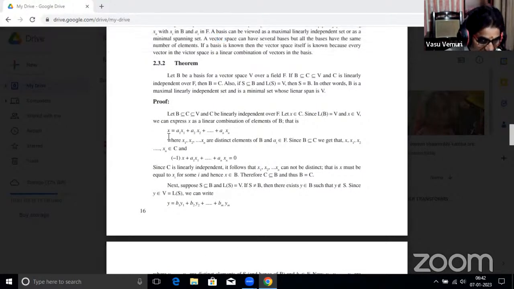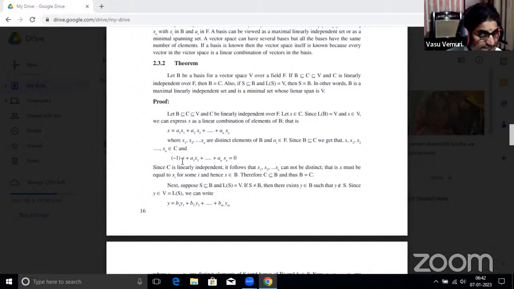Now, given the linear combination, when the vector x is any one of the elements, that element is represented as a linear combination, the summation of a_i x_i. Transferring x to this side, we get minus x plus a1 x1 plus a2 x2 and so on up to an xn.